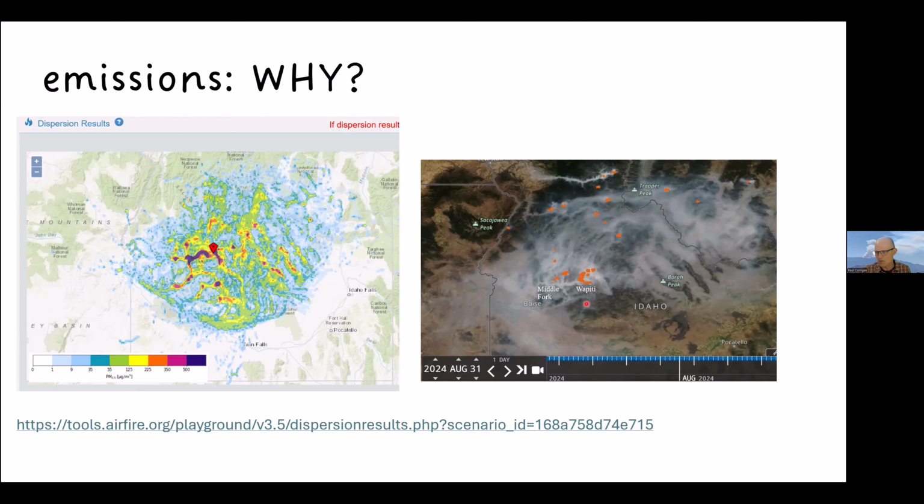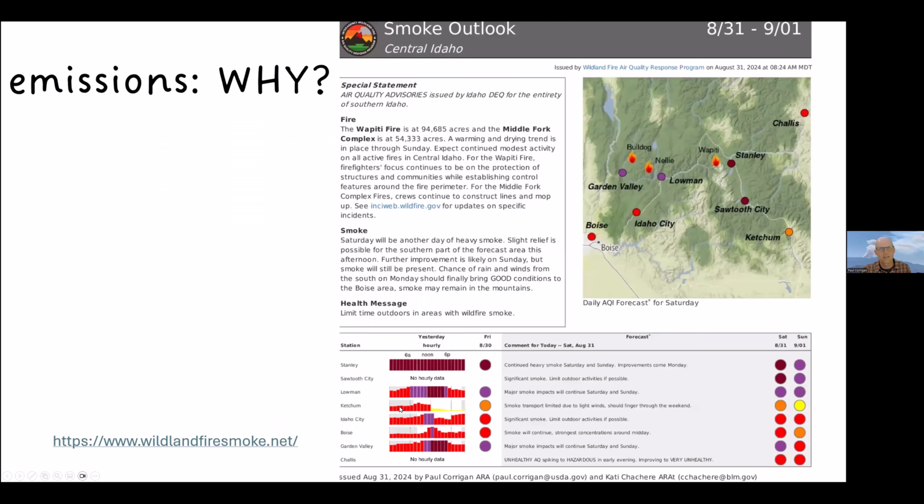The model also does a pretty good job of suggesting it's going to fill into these long corridors as you get a little further east in Idaho towards Salmon and Challis. This is helping me create a product like this, the smoke outlook, so people can take some actionable information and protect their health with it, right?